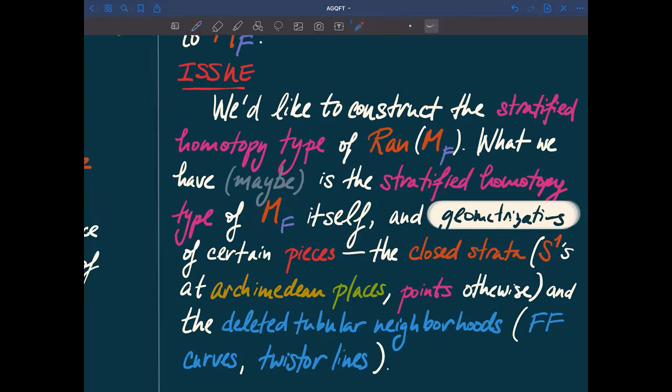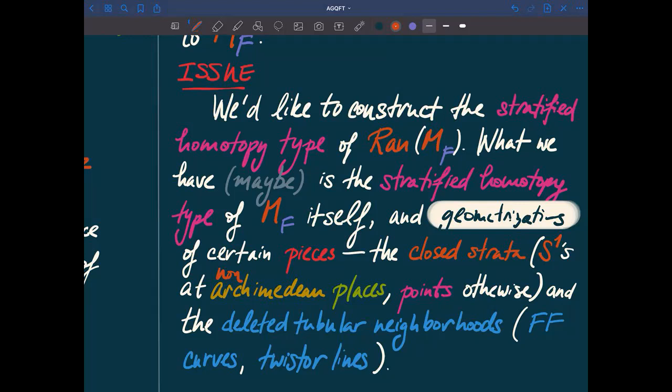And we know something about this. So in the case of the closed strata, I know that I should be looking at S1s at the non-Archimedean places, and points otherwise. And we know more about the deleted tubular neighborhoods thanks to the Fargues-Fontaine curve and the twistor lines.